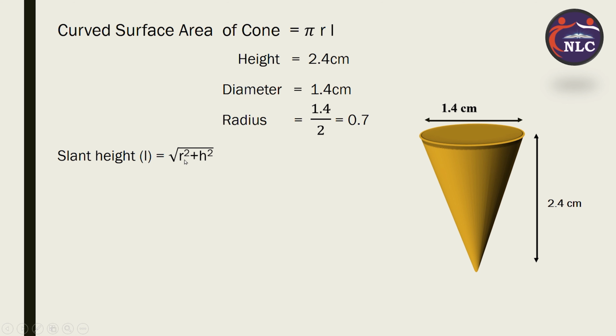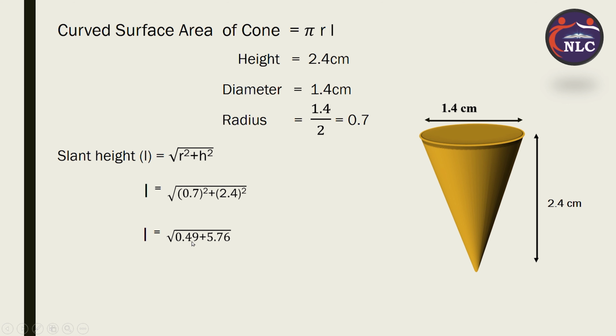Let us substitute in this. We get L is under root 0.7 whole square plus 2.4 whole square. 0.7 whole square is nothing but 0.7 into 0.7. We can multiply 7 7s are 49 and put 2 decimal places, that is 0.49. 24 24s are 576, so 2 decimal places, we get 5.76.